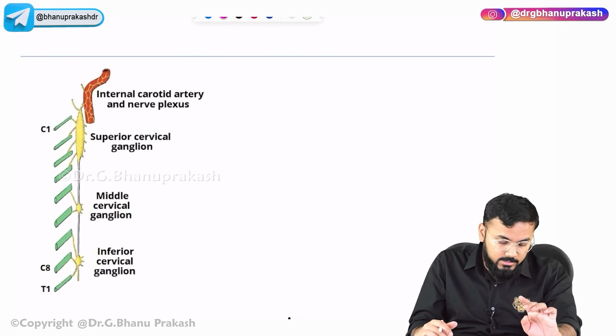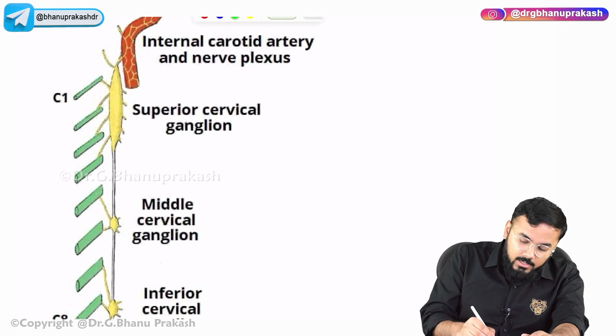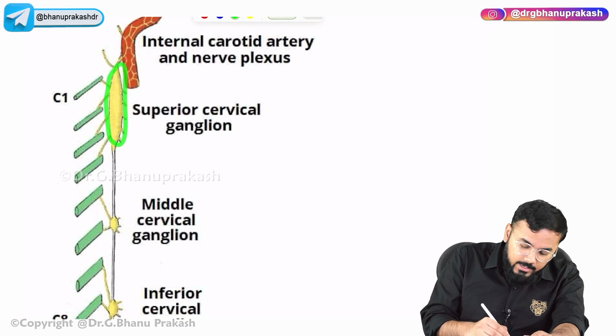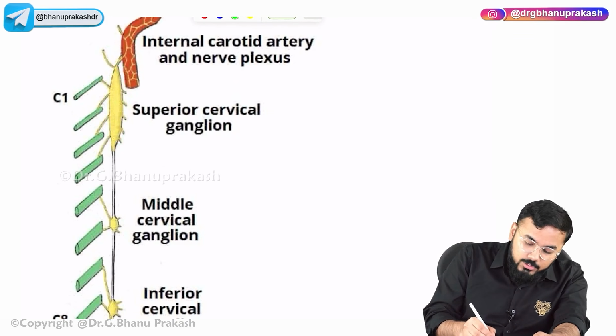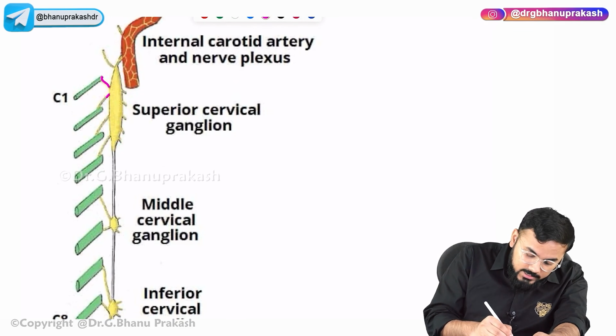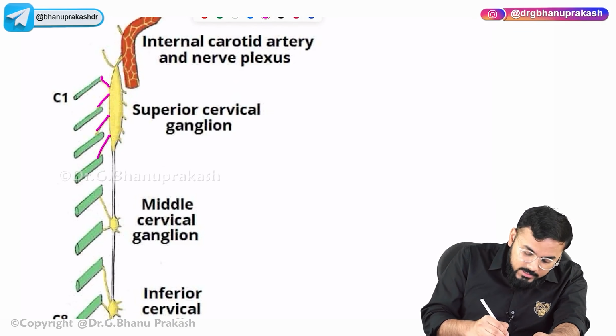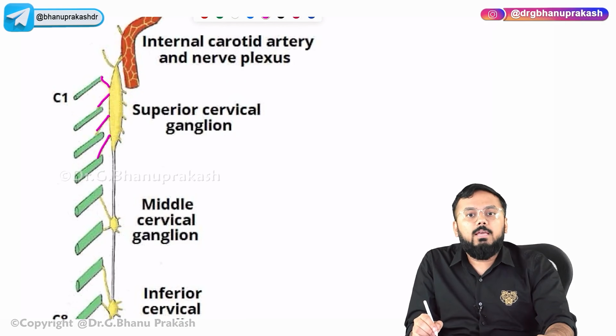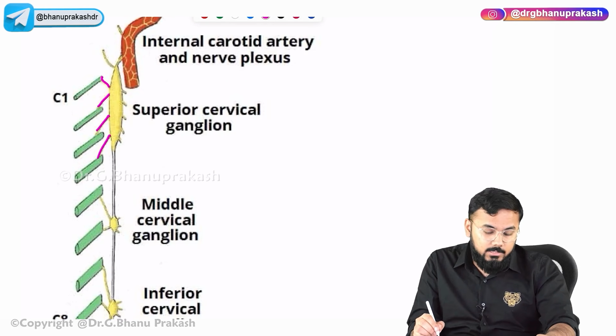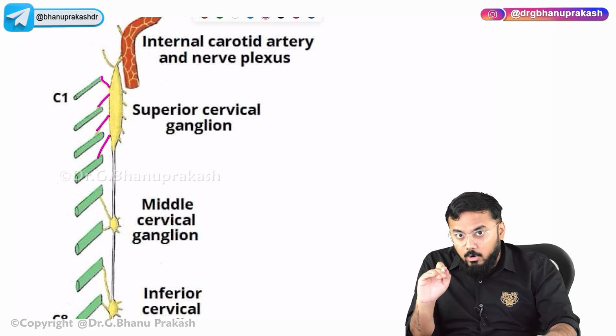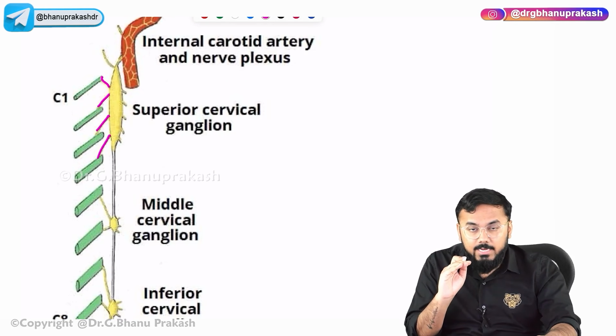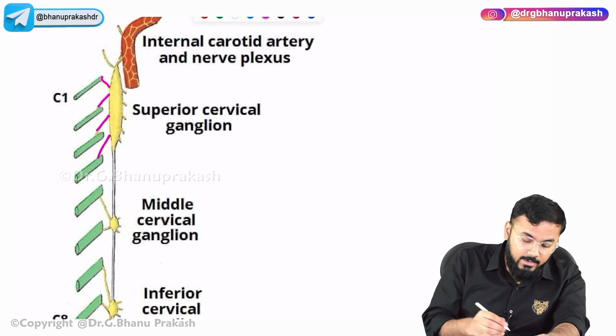What I am trying to tell you is this. See, for example, this is your superior cervical ganglia. Attached to the superior cervical ganglia, can you see some lines here? These lines are nothing but gray rami communicants. So, how many spinal cord segments are these gray rami communicants attached from the superior cervical ganglia?